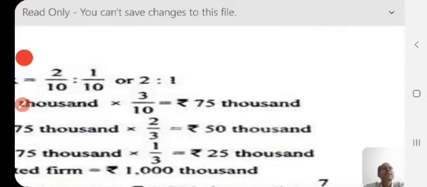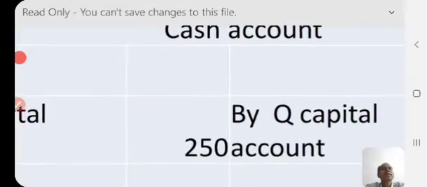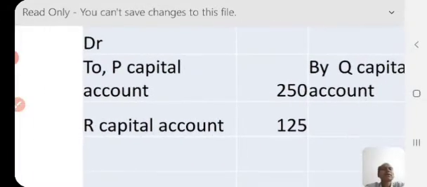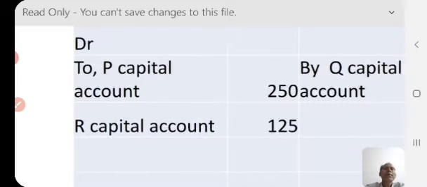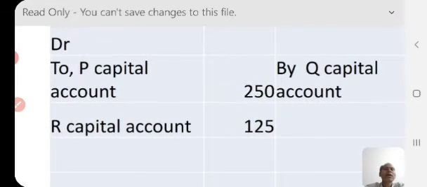See this: P capital account 250 and R capital account 125.